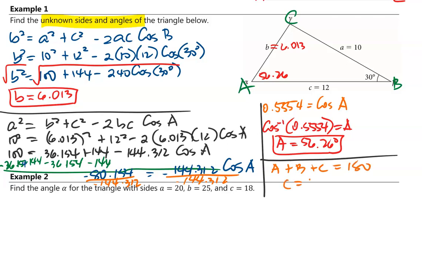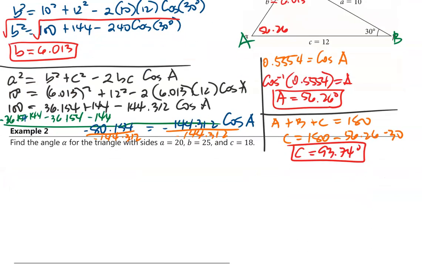So angle C is 180 minus 56.26 minus 30, which is equal to 93.74 degrees. So we have now solved all the unknown sides and angles.